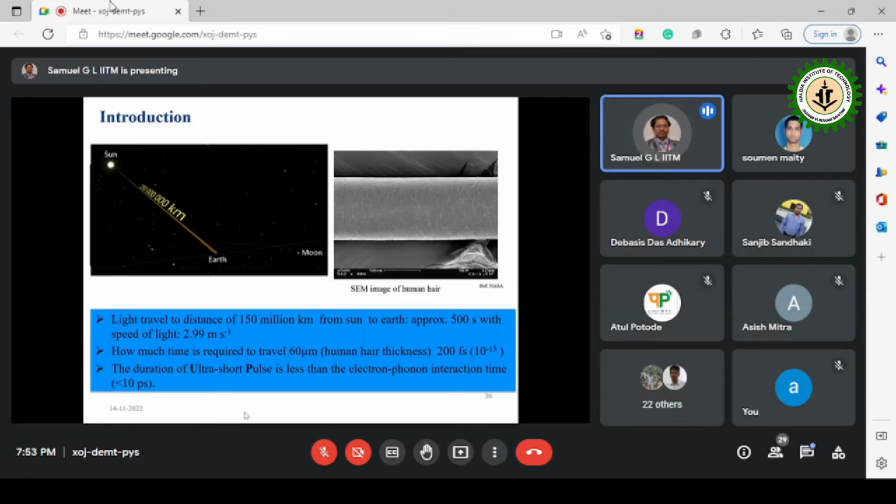And when light is traveling at such a high speed, the time required to cross the diameter of a hair is 1 femtosecond. Hope you are able to understand. So when it is traveling with 15, okay, how much is this?